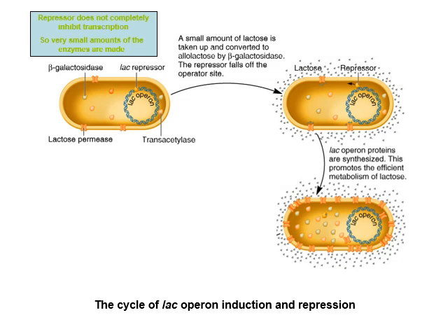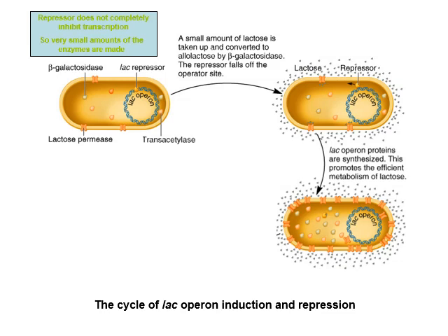We have a lot more beta-galactosidase, so much more of the lactose gets imported into the cell, gets converted into glucose and galactose, and a small amount of it gets converted into allolactose, so you kind of have this feed-forward cycle where the more lactose you import, the more gene products you generate.